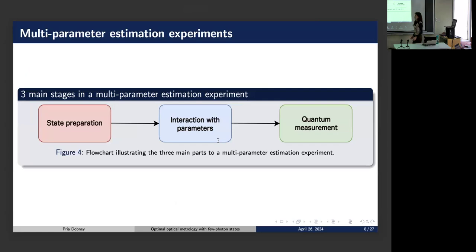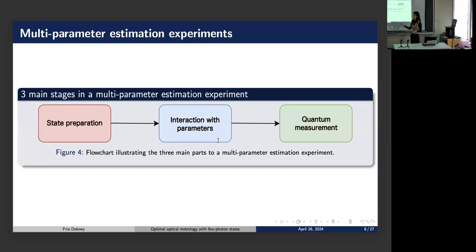Okay, so what does a multi-parameter estimation experiment look like in the lab? We can break it down into 3 simple steps. We first have to prepare the quantum probe state that we're trying to use to most sensitively estimate the parameters that we're interested in. We then have to make our state interact with these parameters in some way.